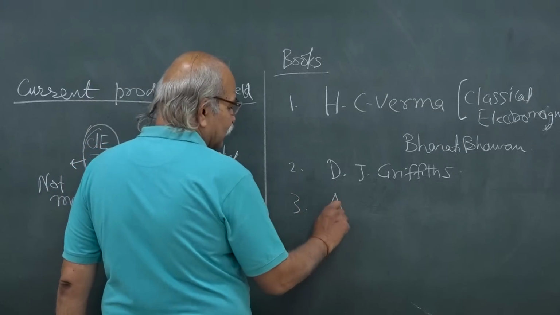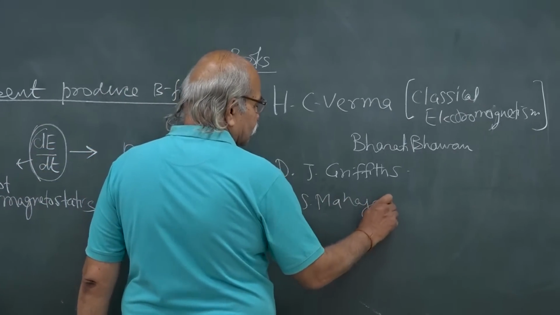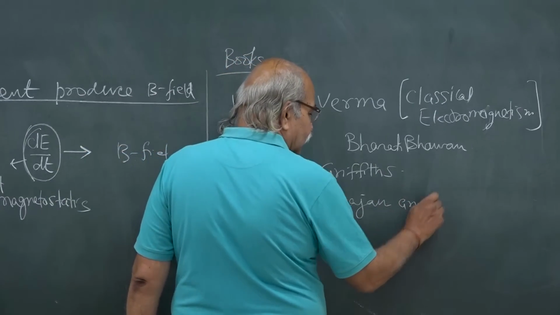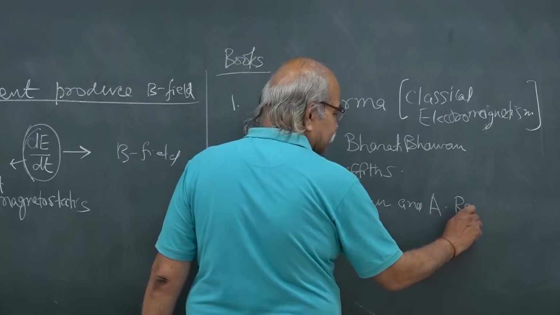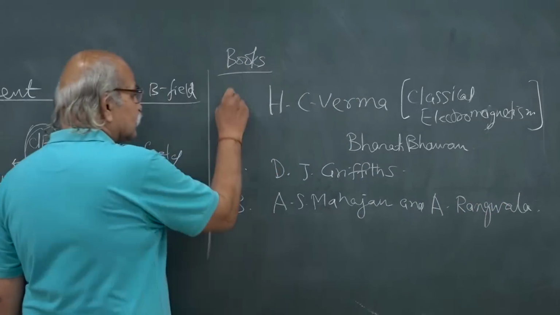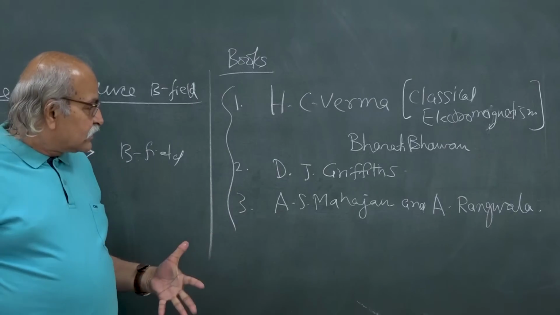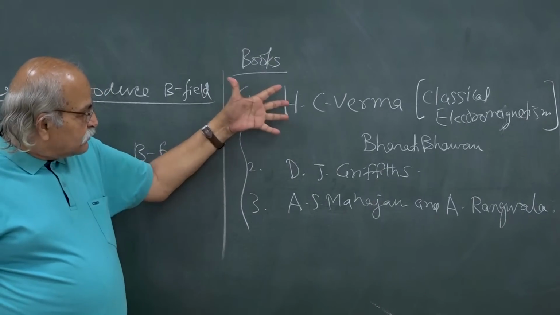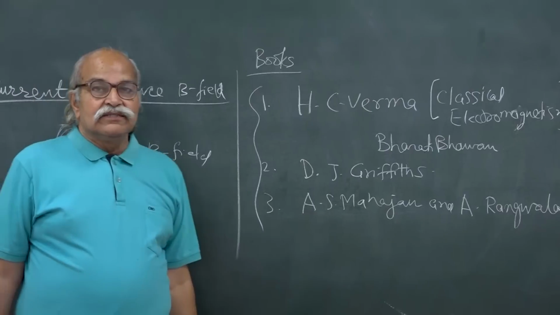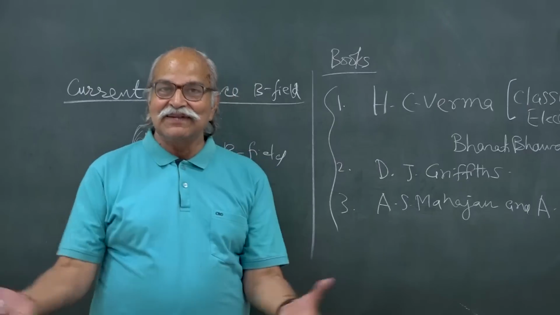And the third is by A.S. Mahajan from IIT Bombay, retired professor, and Abbas Rangwala. So, these are the three books which I have consulted, and I have based my lectures on the descriptions given here, here, and here. So, that is all about the course as such. Next time we will do some real magnetostatics.